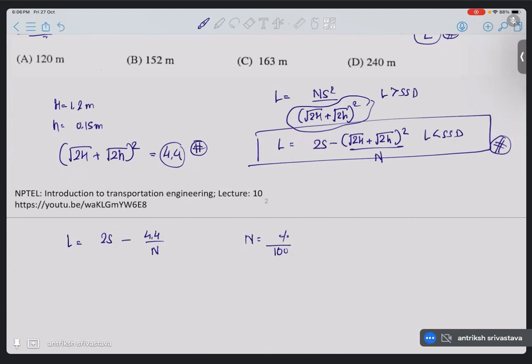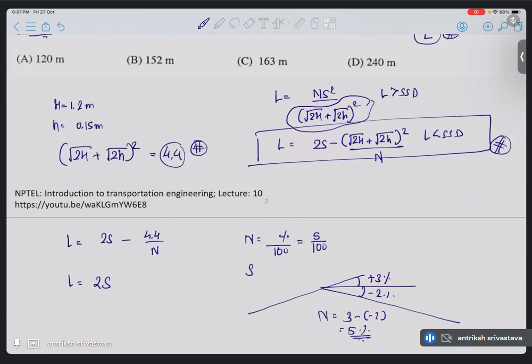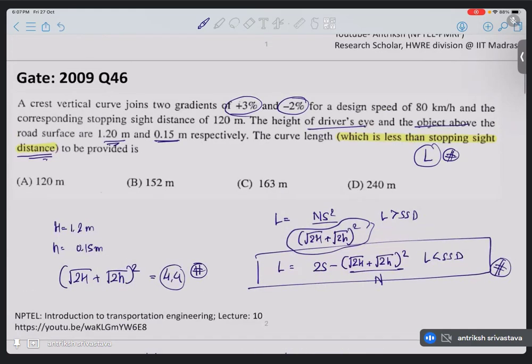So we have one that is plus 3 percent and another one that is minus 2 percent. N is nothing but 3 minus minus 2, that is 5%. We have been given the sight distance. So N is going to be 5 by 100, and the S, that is the SSD, stopping sight distance, is given to us as 120 meters.